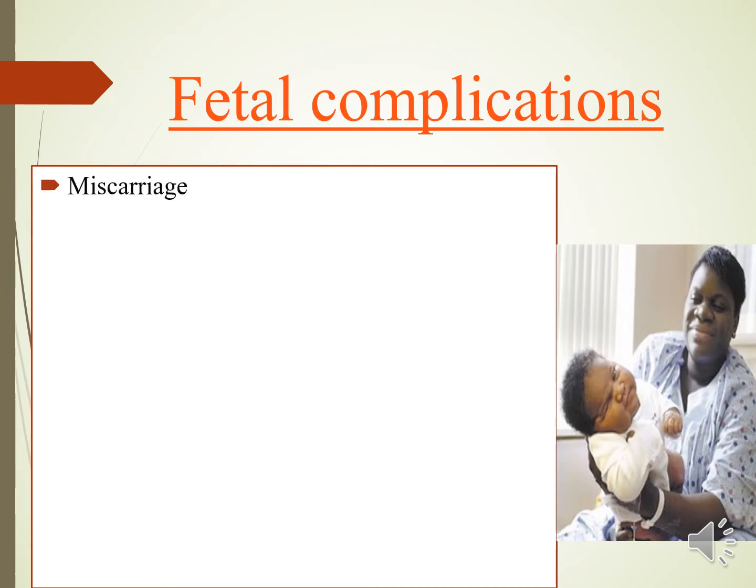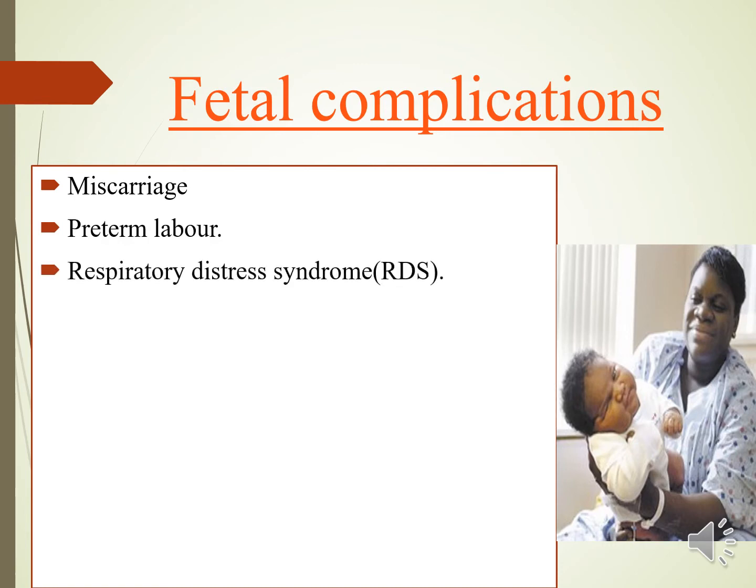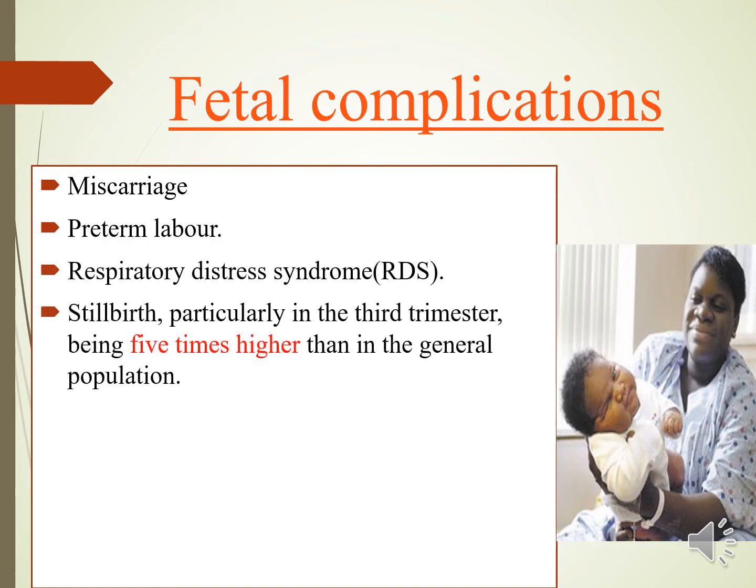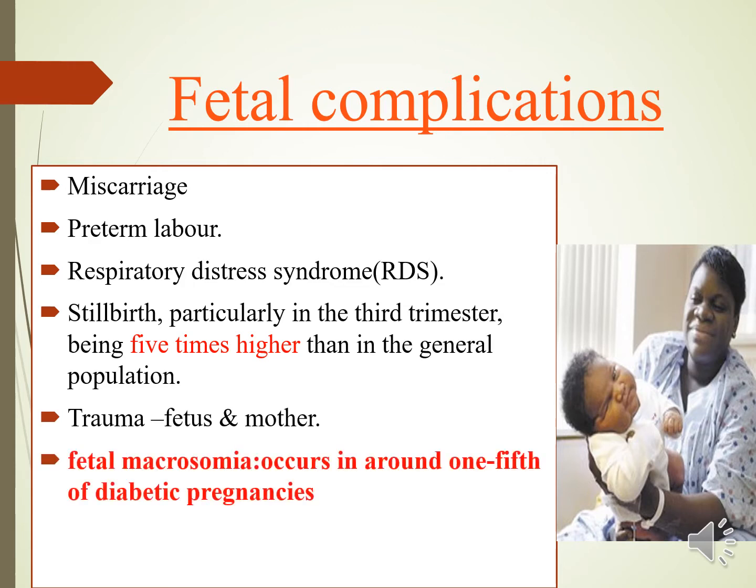Increased risk of miscarriage, mainly due to congenital abnormality, preterm labor, RDS, stillbirth. It is 5 times higher in babies of diabetic mothers. Increased risk of trauma because of macrosomia and shoulder dystocia. Fetal macrosomia occurs in around 1/5 of diabetic pregnancies.